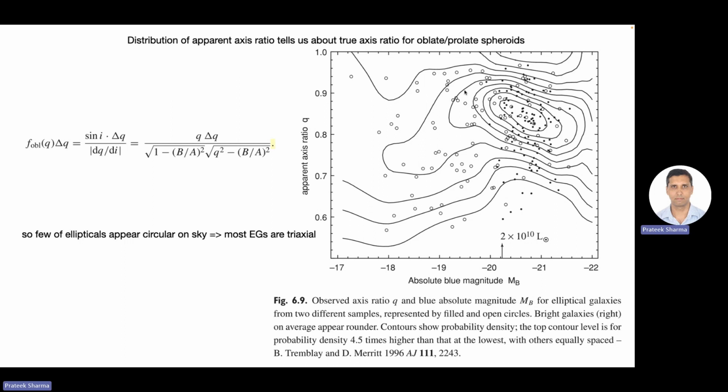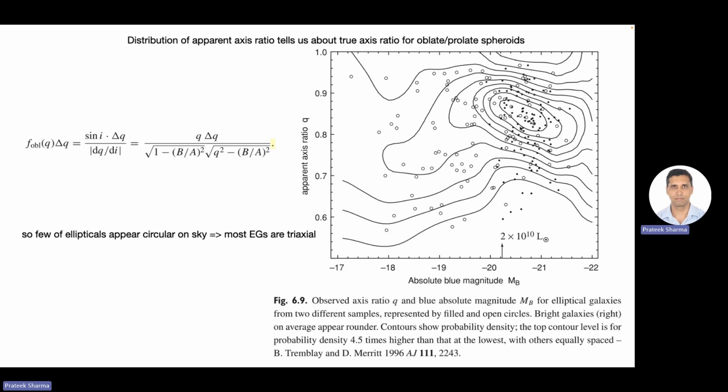But if you use the numbers and try to draw contours of constant probability, that's how it would look. This is like a kernel estimate. Like given the number of people with a certain height, what is the PDF? So going from actual distribution to the PDF is what is done here, and this is that FQ we were talking about. Few ellipticals appear circular on the sky. You see, for example, here, there are not a lot of dots close to 1.